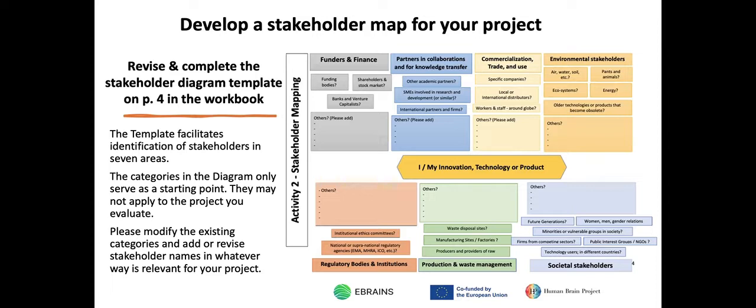But there are also other categories, such as who are the stakeholders involved in the production or the waste management, or maybe affected by production or waste management. Who are stakeholders involved in the funding and financing, or who are stakeholders that financially benefit from your project, and also which type of regulatory bodies or regulatory stakeholders exist.